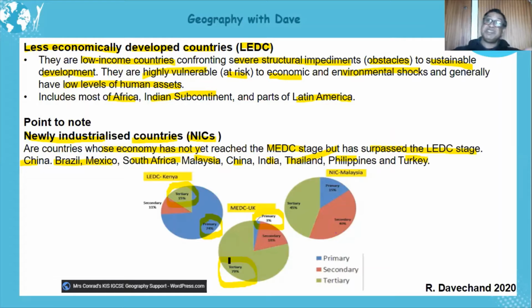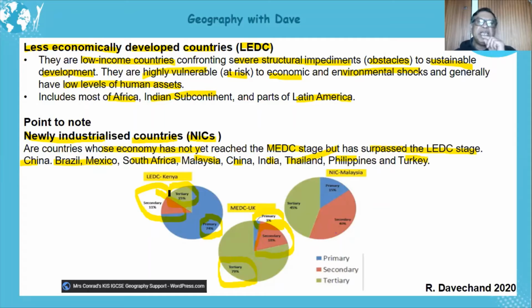Because there it's services, education, skills, all those things coming up. Because they're highly industrialized, they focus on that. Compared to that, even the secondary activities are not that small, but more emphasis is based on tertiary activities.